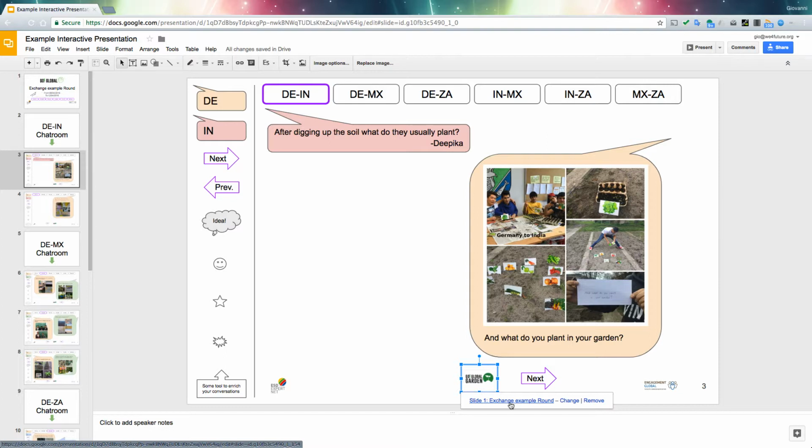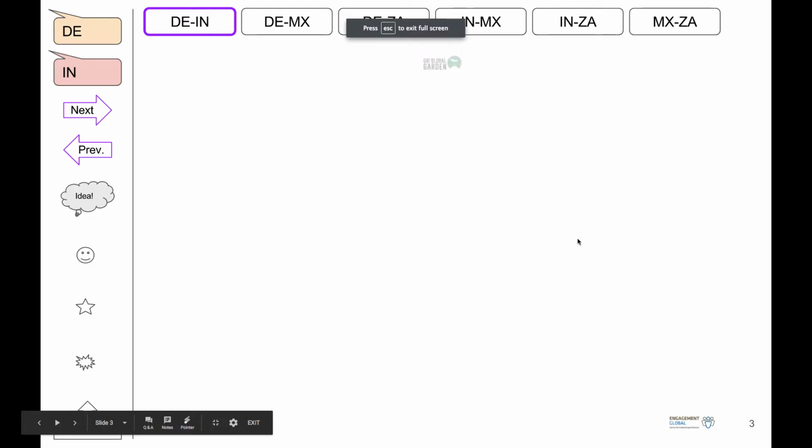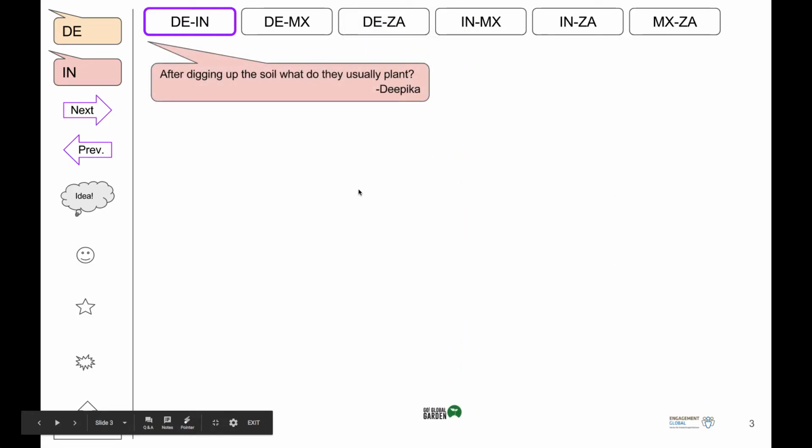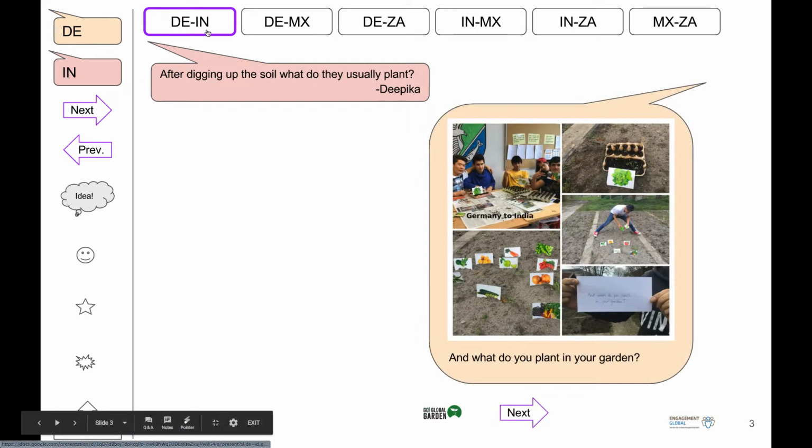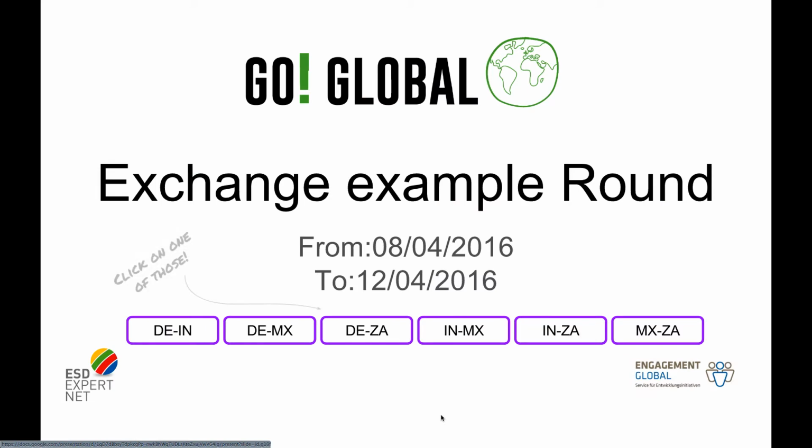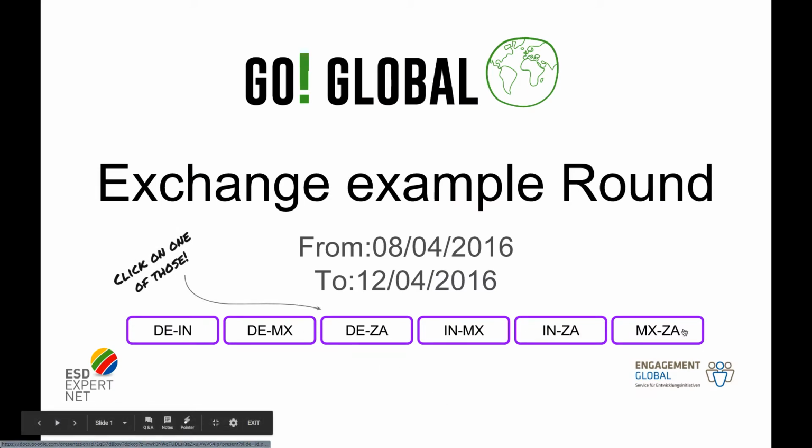It's our first slide in the presentation, and it's our menu. So the user always has the opportunity, if they already saw this conversation between Germany and India, to go to the beginning of the presentation and choose another conversation.